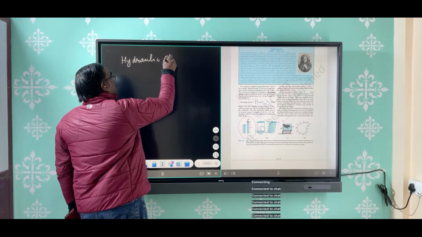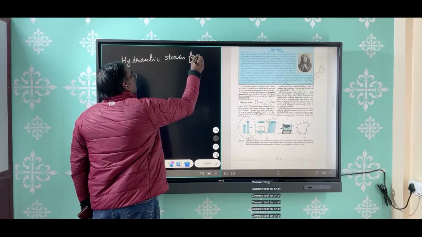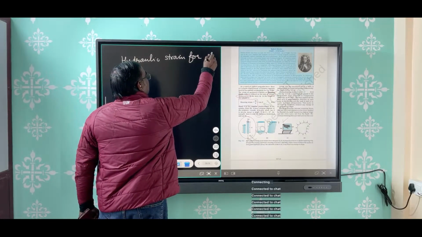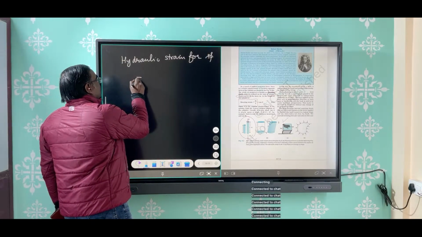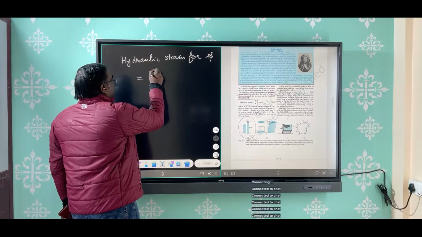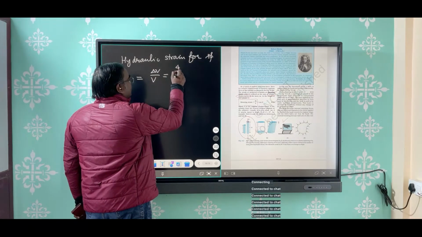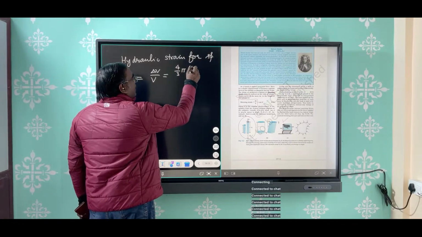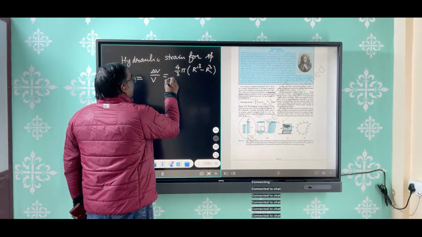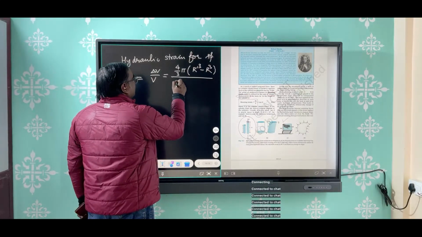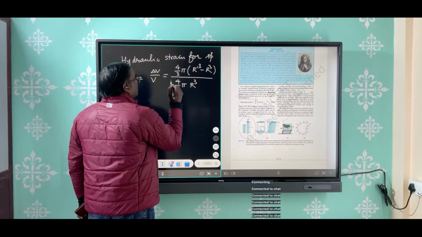Hydraulic strain for a sphere or spherical shape body is given by delta V upon V, and that delta V is equal to 4 by 3 pi r prime cube minus r cube, upon the original volume of the sphere, that is 4 by 3 pi r cube.